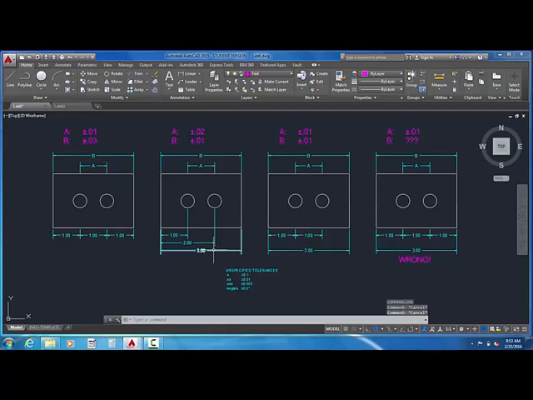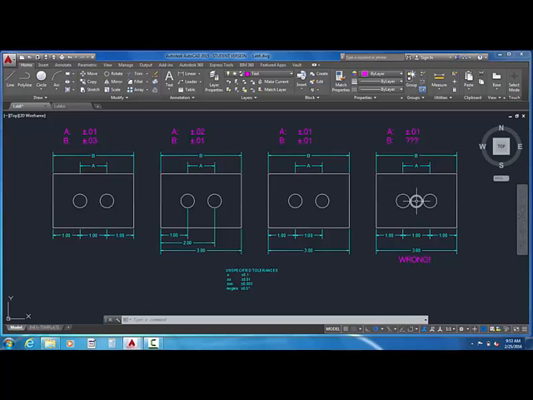If the outside dimension of the plate is critical, and the distance between the holes not so critical, this is an okay way to dimension. If, however, they're both critical, this drawing is telling me that the dimension from this edge to the center of this hole is important. The distance between these two holes is important. And the overall width of the plate is important.